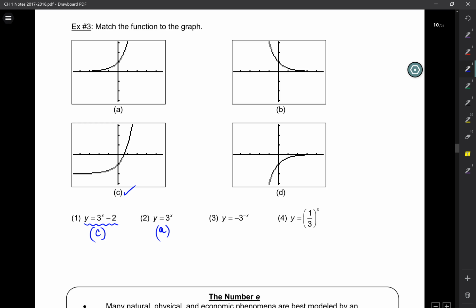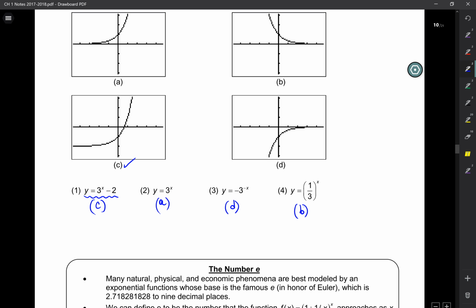Now, okay, 3 has way too many negatives. Why don't we go to 4? 1 over 3 to the x. Does that look like it's growth or decay? Decay, so which one would you say? B or D? I couldn't hear you. B. So that must mean this is D. Is it because x is negative?